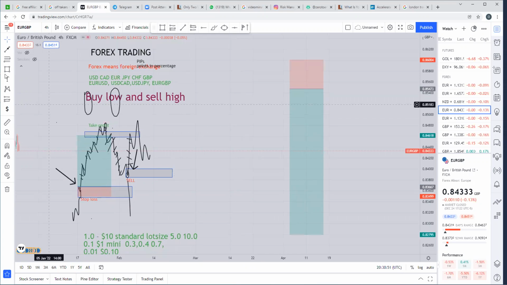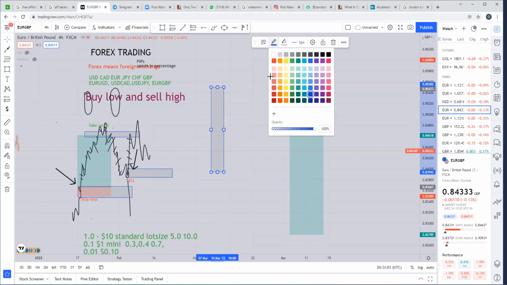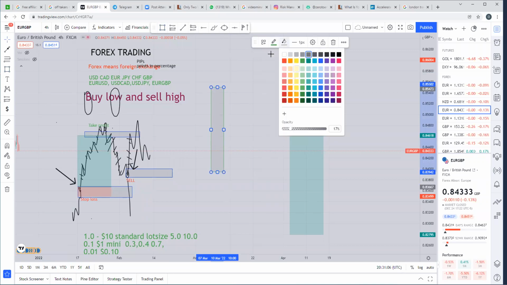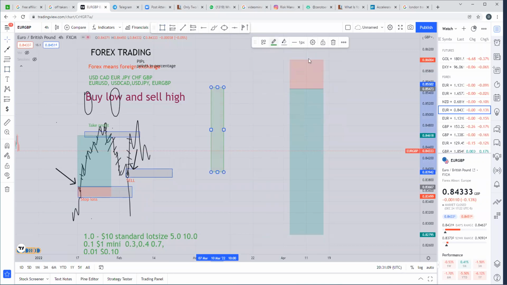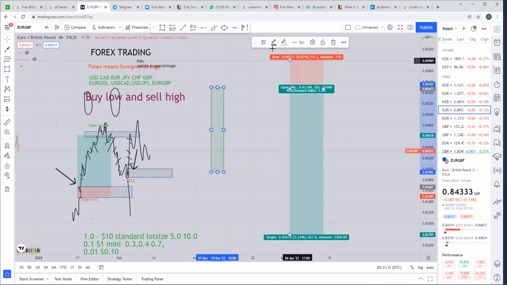Let me show you what a candle looks like. This is what a candle looks like. This is a bullish candle.